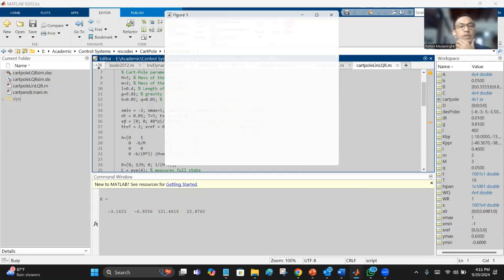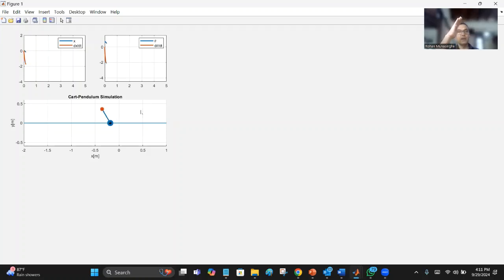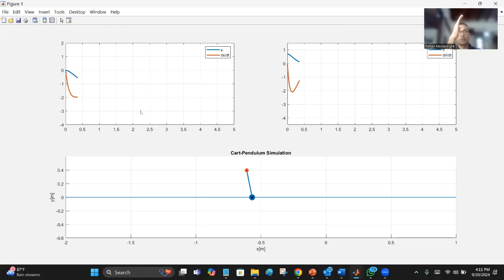I start with, let's see the animation first. Now see, I start with some angle, but now it doesn't fall like what you have seen earlier, right? Because the control signal pushes the cart to the negative side, avoiding the pendulum falling over, right?